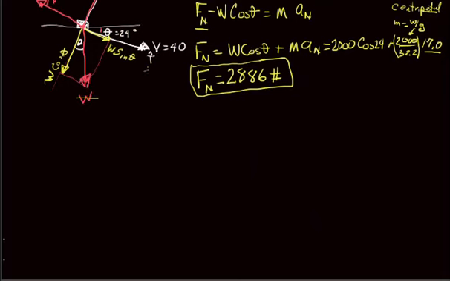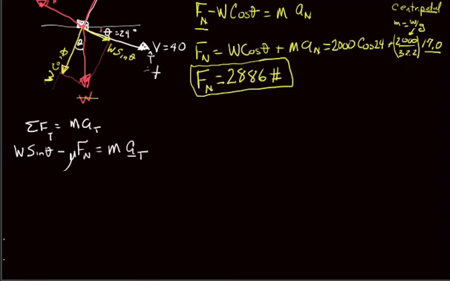If we take a look at the t hat direction, we can repeat the process. Sum of the forces in the t is m a t, and pick this as positive once again. So we have W sine theta minus mu Fn is equal to m a t, which is one of the things we're looking for. We know everything on this side.